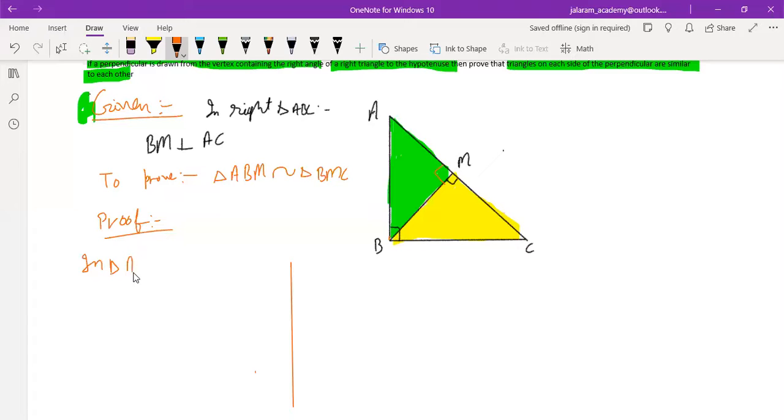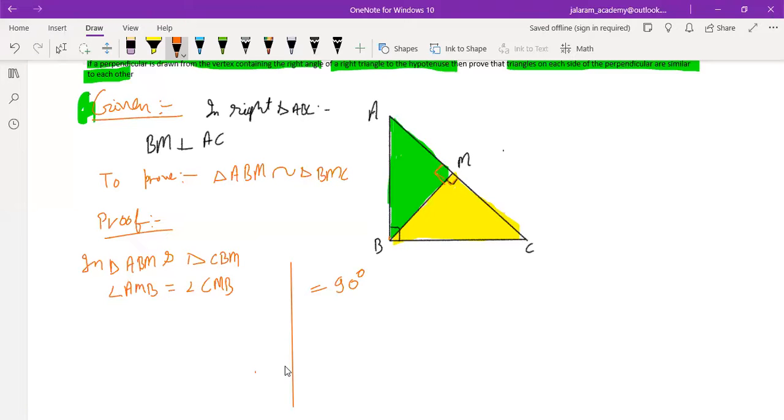You have to write in triangle ABM and triangle CBM, angle AMB equals angle CMB. Then write the reason, both 90 degrees.